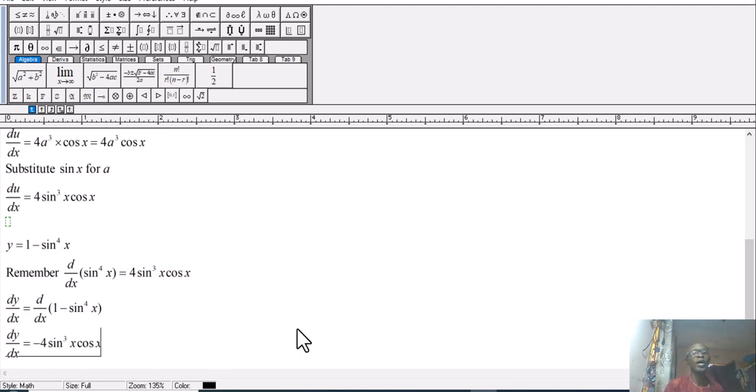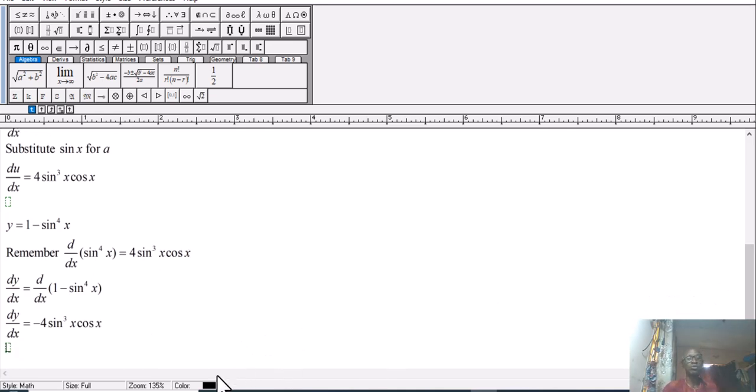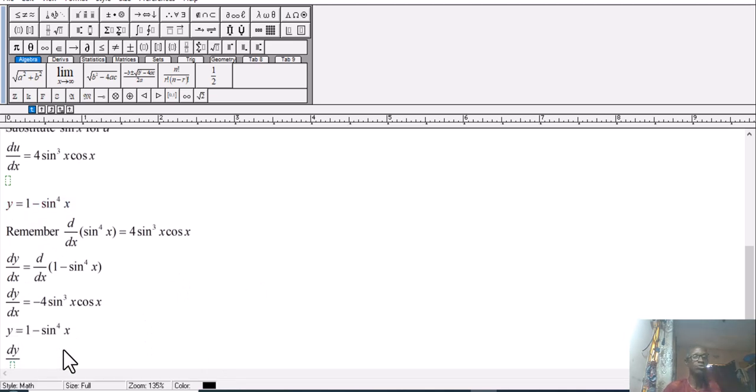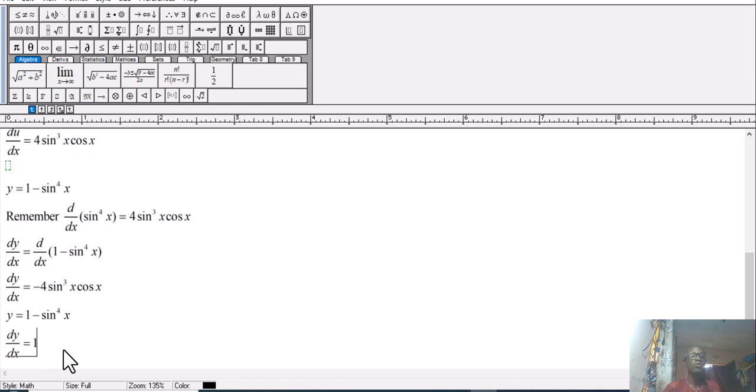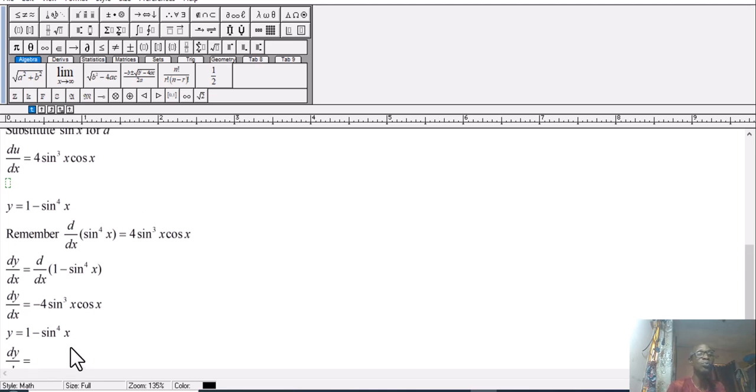So this is quite a short method to use. If I were given this question to solve by myself, what I will just do is: 1 will turn to 0. Then I bring down this 4 as if I'm doing my normal differentiation.